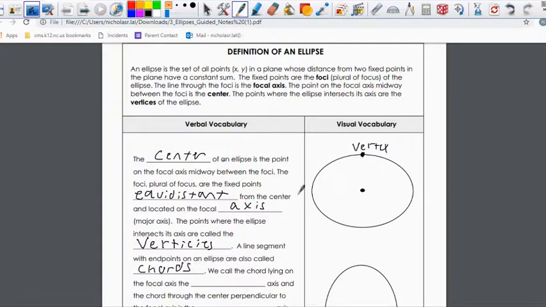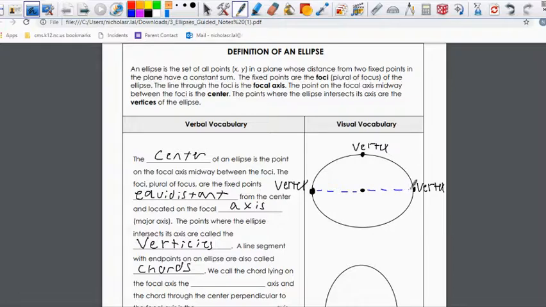And we have vertices right here, and a vertex right here. And we have a center, and then we have a major axis. So this right here is the major axis.